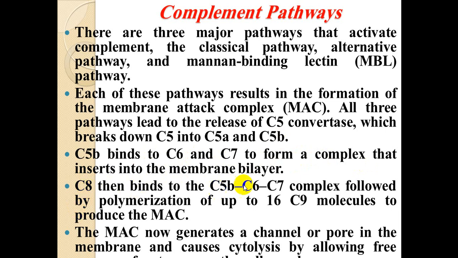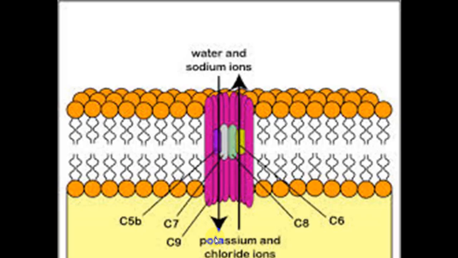C8 then binds to the C5b to give me the C5b,6,7,8 complex, followed by polymerization of up to 16 C9 molecules to produce the MAC. The MAC now generates a channel or pore in the membrane and causes cytolysis by allowing a free passage of water outside and inside the cell. This changes the osmolarity of the cell, as is clear in this figure.